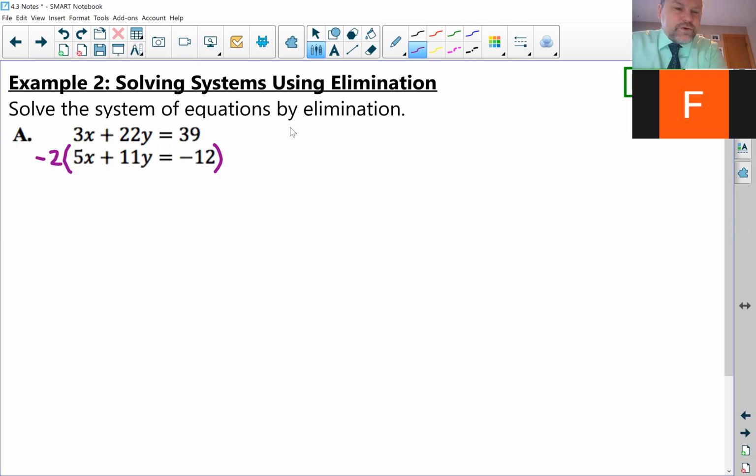So the top equation stays the same. The bottom equation, I take -2 times each piece.